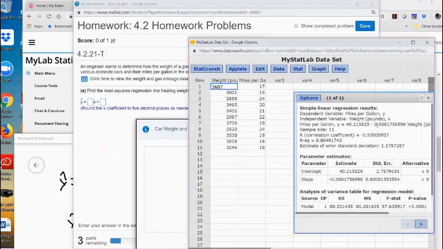I'm going to put in minus 0.006, and it wants 5 decimal places. So 0.00634, and then 7 is the 5th one, but that 7 has got to round up to an 8. So it's going to be negative 0.00618.